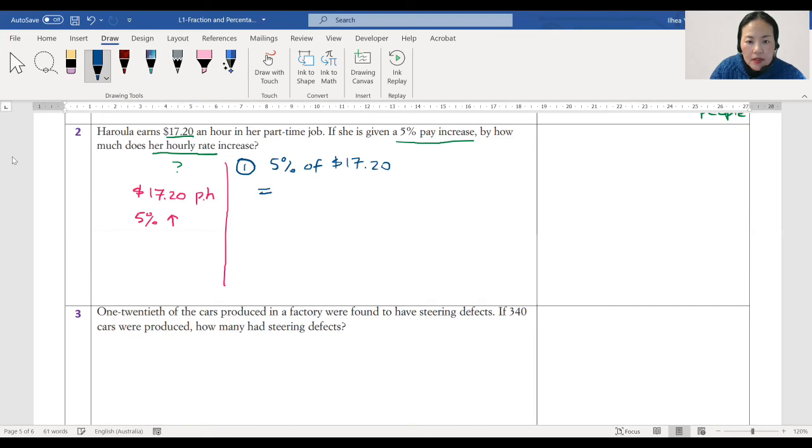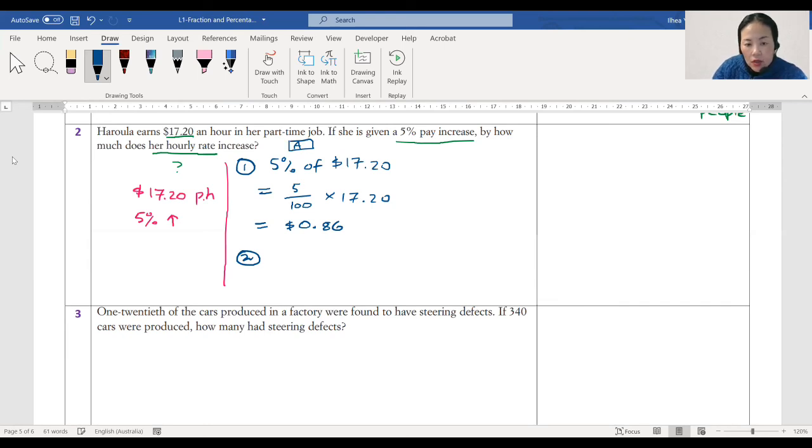So 5% of $17.20 is 5 over 100 times $17.20. And you put that in your calculator, you will get 0.86 cents. So therefore, okay, that's method A. Let's call it A first.